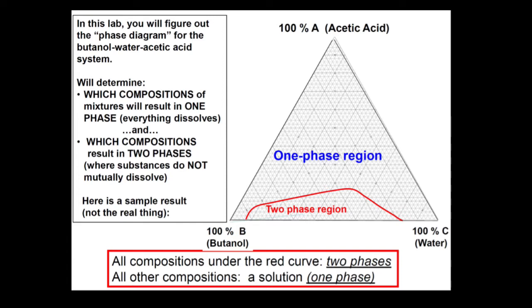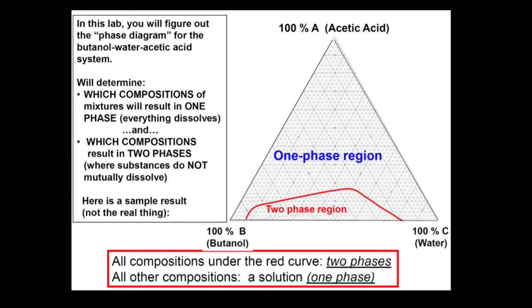The diagram shown here is kind of a hypothetical phase diagram. I mean, it looks something like this, the real phase diagram, but you can't get any real information out of this. It's not correct. But it basically does identify a one phase region and a two phase region.